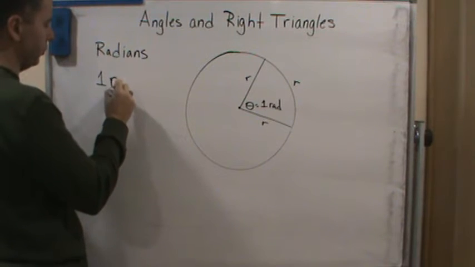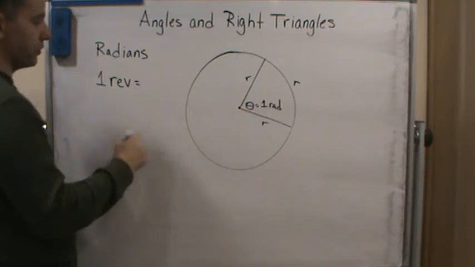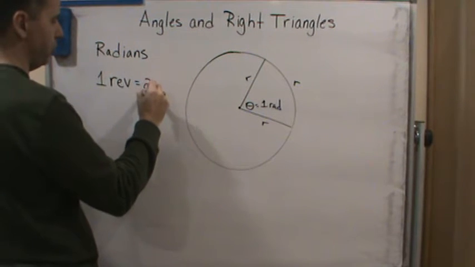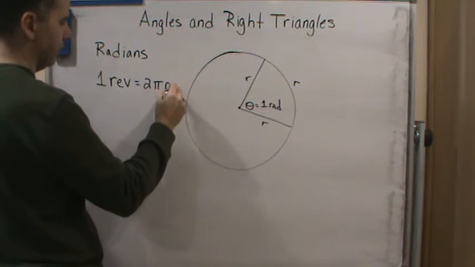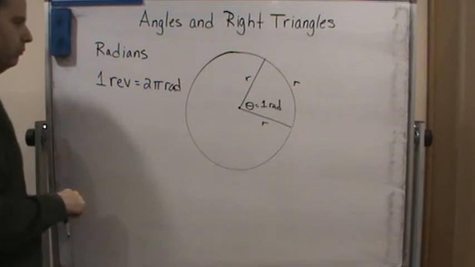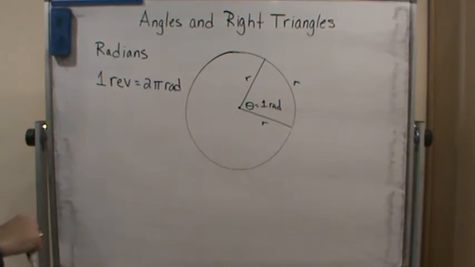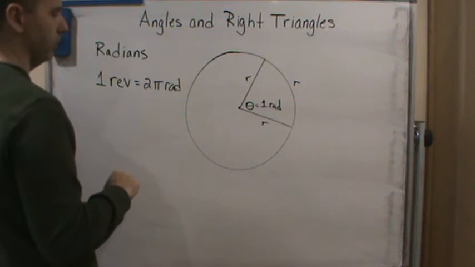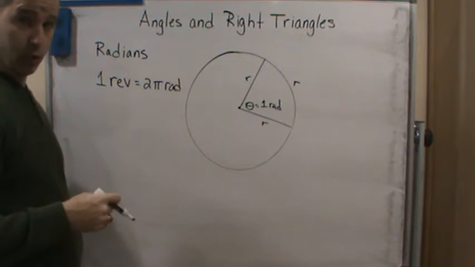So 1 revolution completely around the circle is equal to 2 pi radians, which is basically 6 and a smidge, approximately 6.28. So a little bit more than 6 1/4 times.